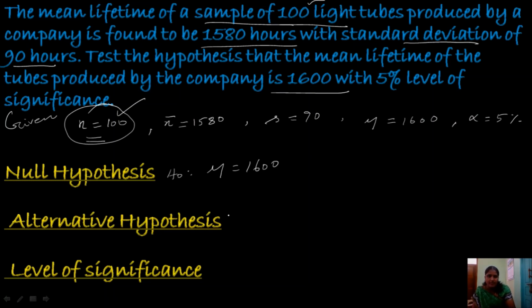I have to set up my alternative hypothesis H1. Nothing is mentioned about its lifetime, that means whether it is increased or decreased by adopting some new technique, something like that. Nothing is mentioned. So I have to take my alternative hypothesis mu is not equal to 1600. This falls under two-tailed test.